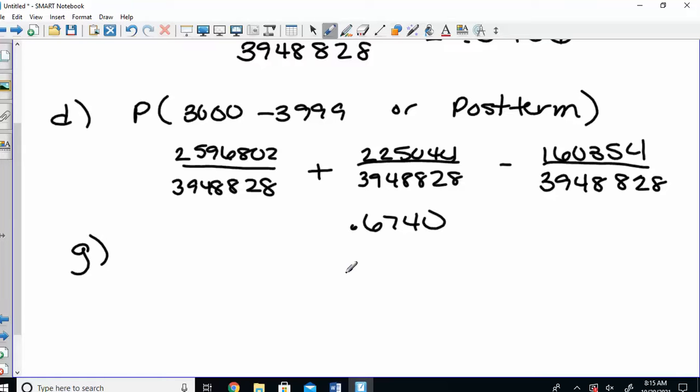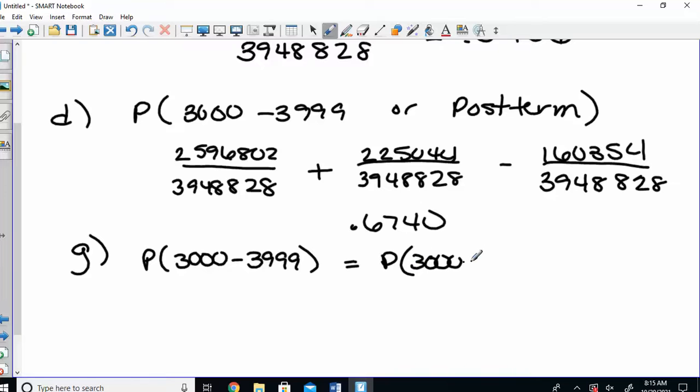So that means the probability of weighing 3,000 to 3,999 would have to be the same as that probability given that we already knew it was post-term. So if they're independent, the conditional probability is the same as the regular.